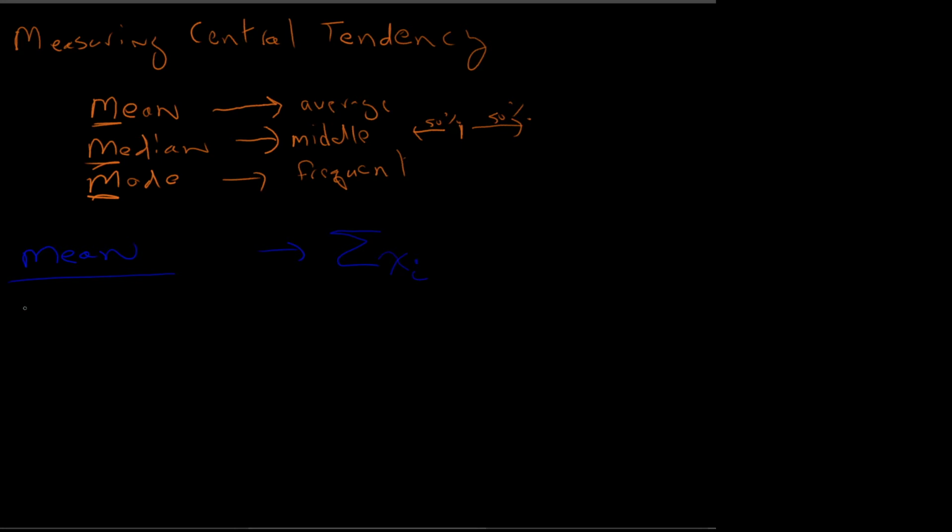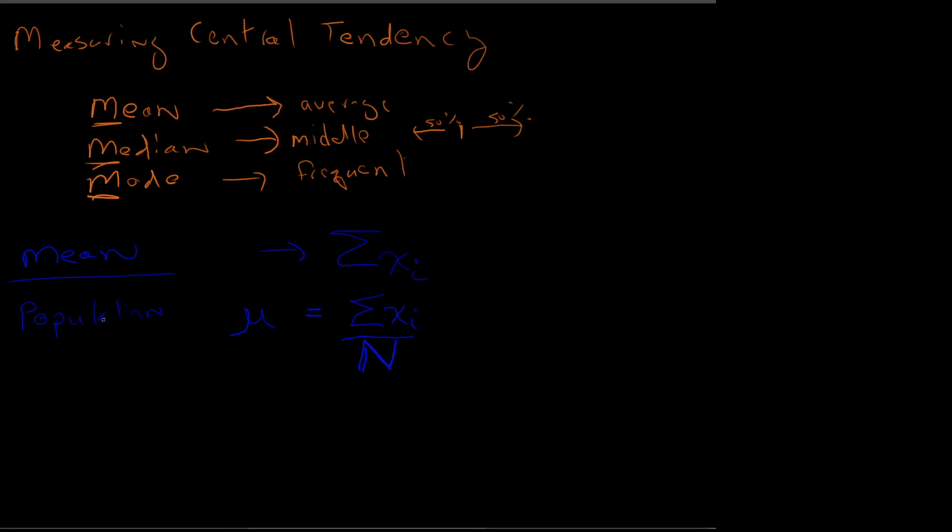Now, when I talk about populations, I tend to use Greek letters. The population mean gets mu, which is the Greek letter M. It kind of looks like a cursive M or a U. It's the sum of all the data divided by every piece of data in the data set.